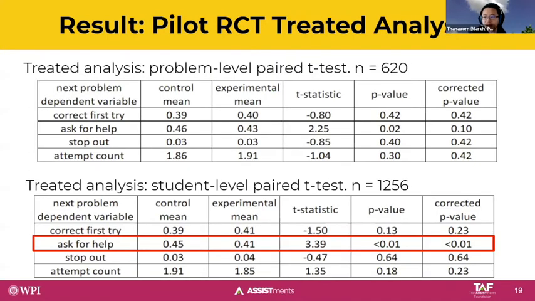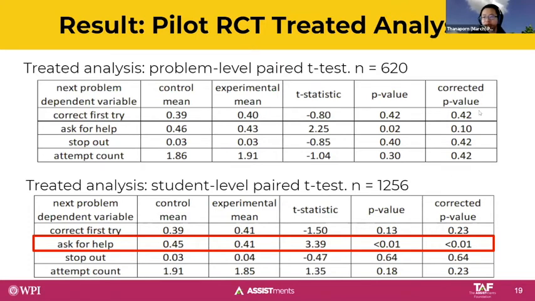And the result we found is that students are less likely to ask for help in the next problem. In other words, students are more likely to try to solve the next problem by themselves and eventually get it correctly without asking for hints, explanation, or giving up and asking for the answer.